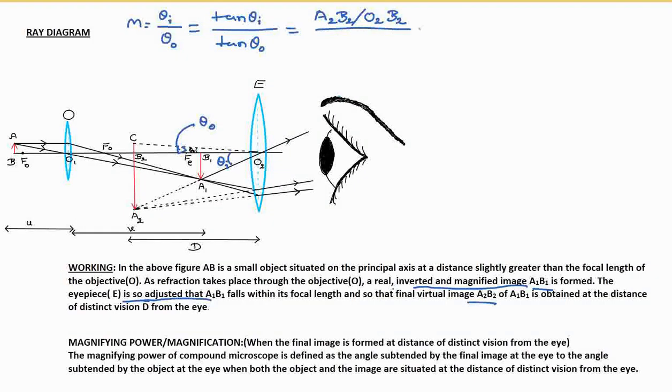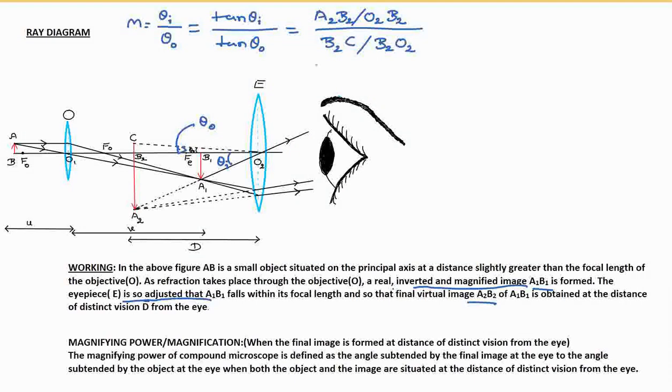This is divided by tan theta O in this triangle B2CO2, tan theta O is equal to B2C divided by B2O2.